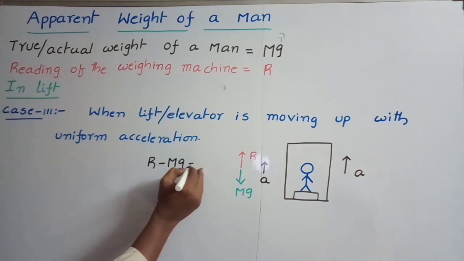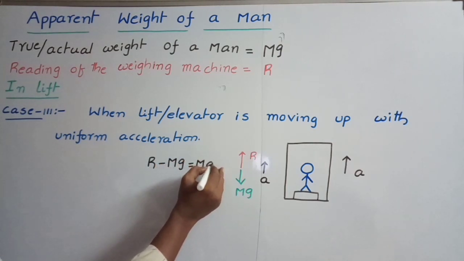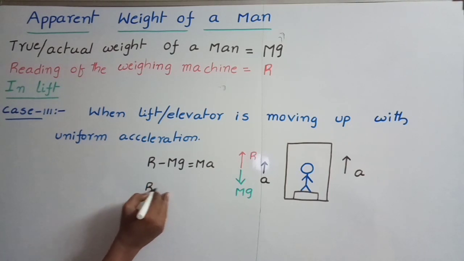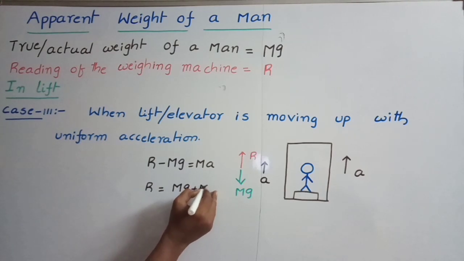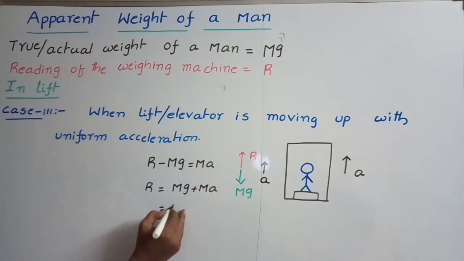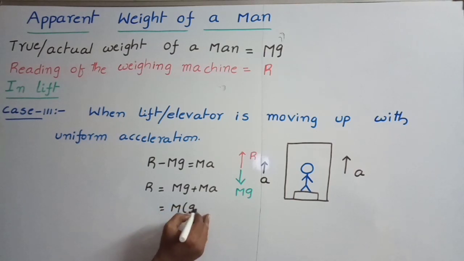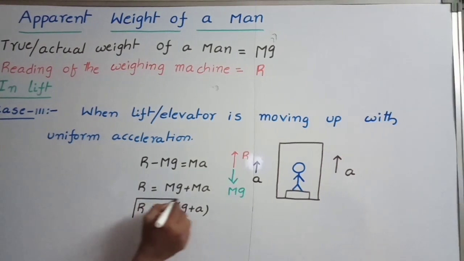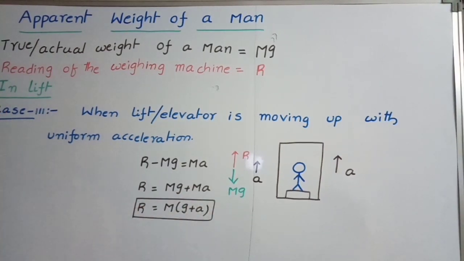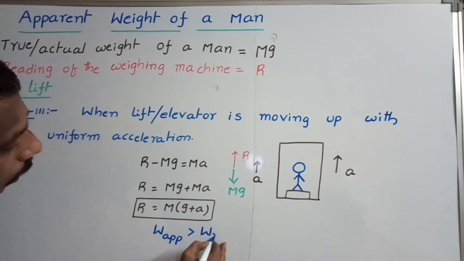Net force is equal to mass into acceleration, so the reading R is equal to mg plus ma. That is m into (g plus a). If you observe here, to his weight we are adding another term, ma. That means the apparent weight is more than the true weight. So W apparent is greater than W real.